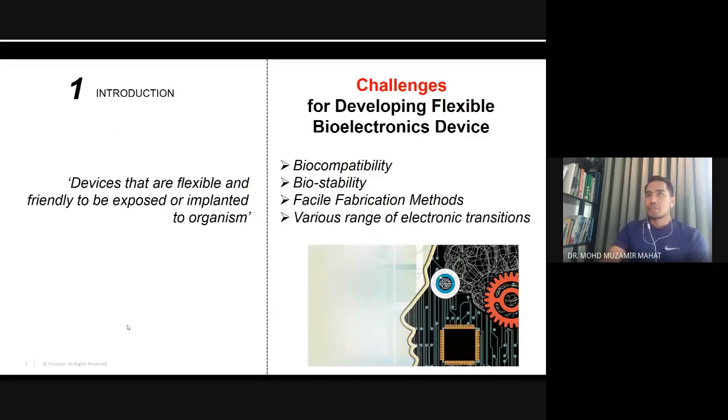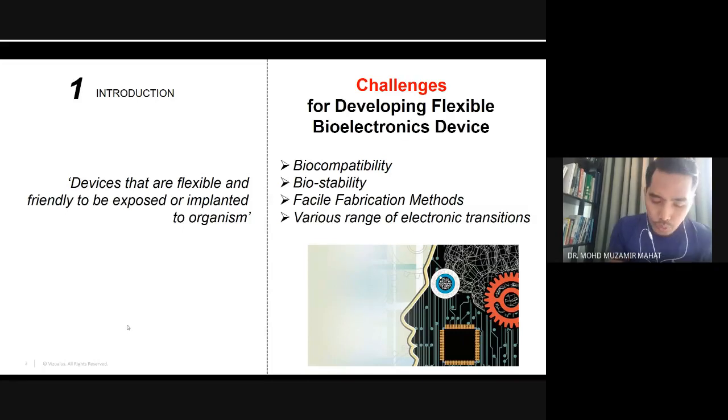As for the introduction, what are actually bioelectronic devices? Basically, they are devices that are flexible and friendly to be exposed or implanted to an organism.